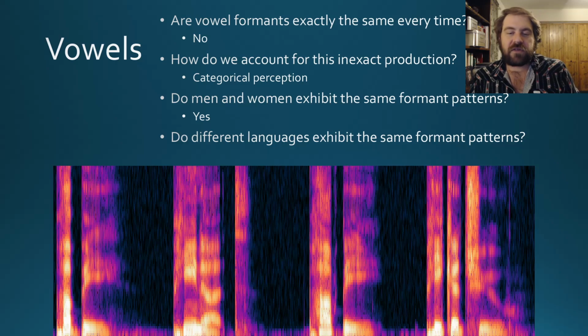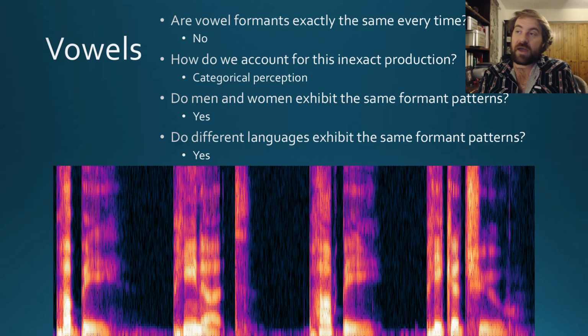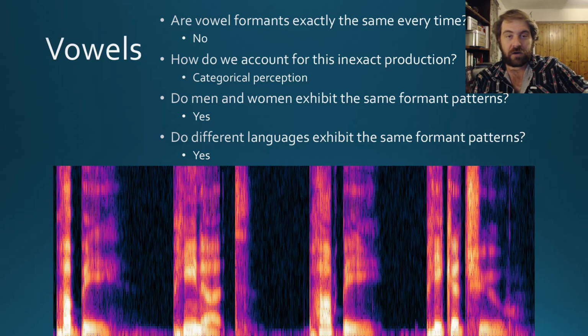Do different languages exhibit the same formant patterns for the same phonemes or similar phonemes? Yeah, of course. Totally. It's all physics, right? It doesn't matter where you're from, it doesn't matter who you are. The physics needs to move the same in the vocal tract. So the same formant patterns are going to create the same perception. If it's an E in German, it's an E in Spanish.